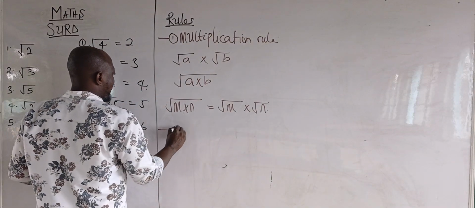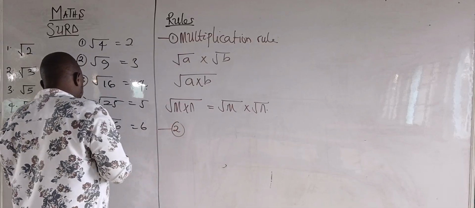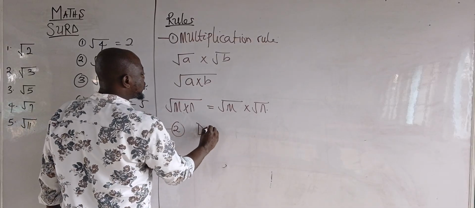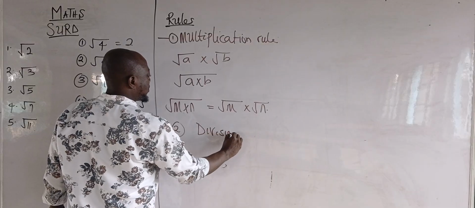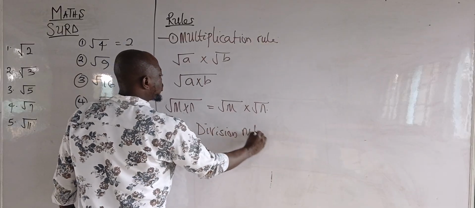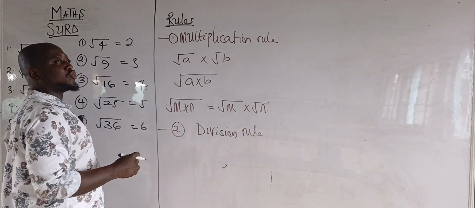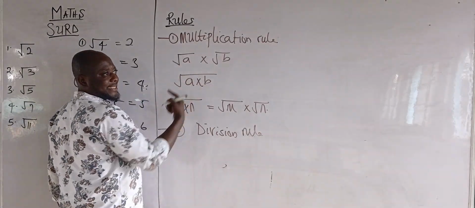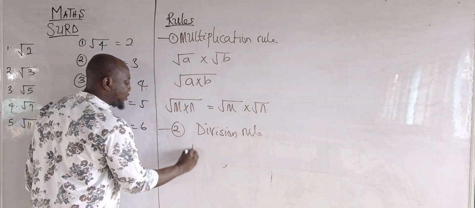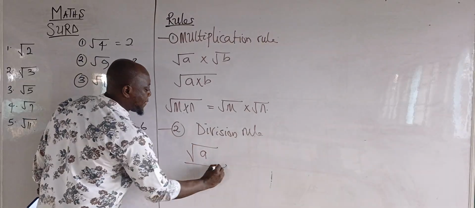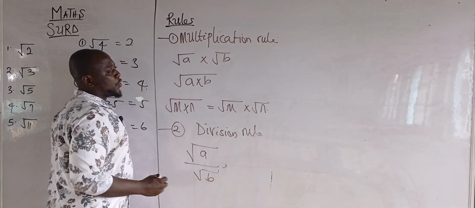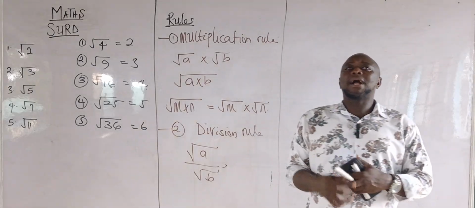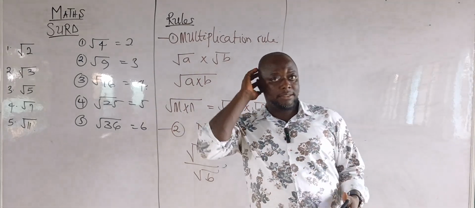Next, number 2, we have the division rule. For this division rule, we are saying that it also works almost like this. So when you have √A all over √B, you can also make the root 1.